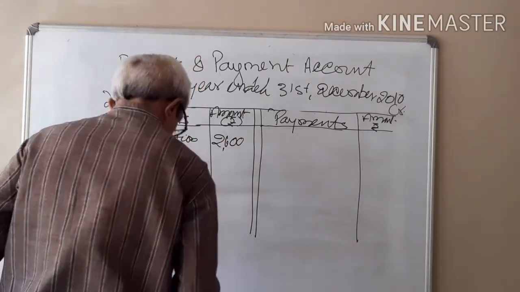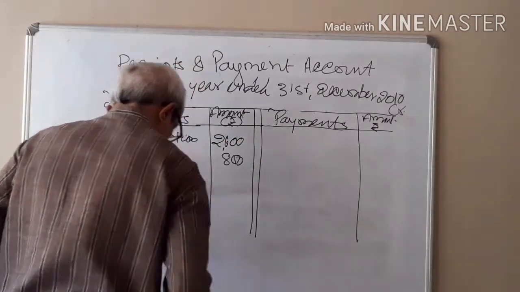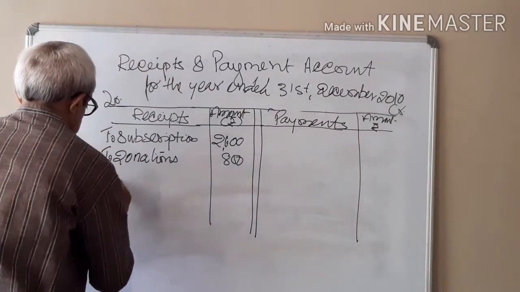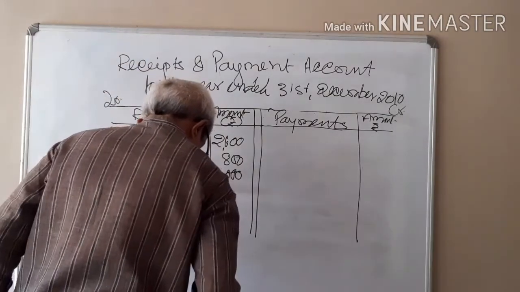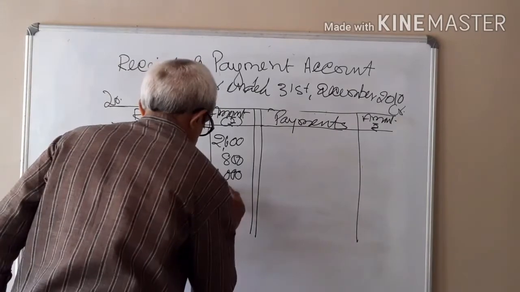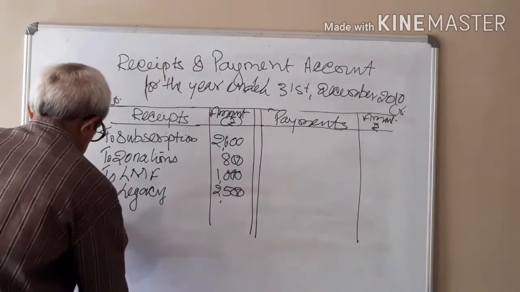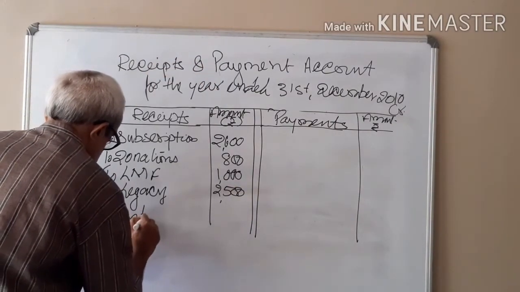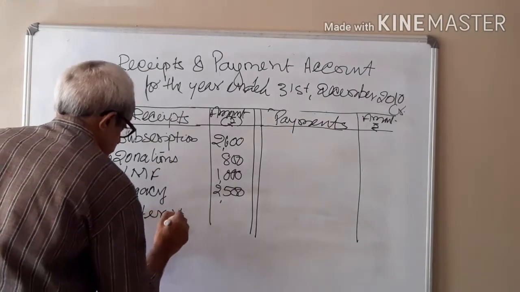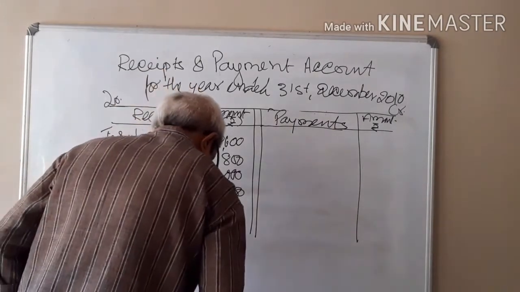And next is donations. Next is life membership fees. Next is legacy, interest. It is treated as income here. Interest 80.